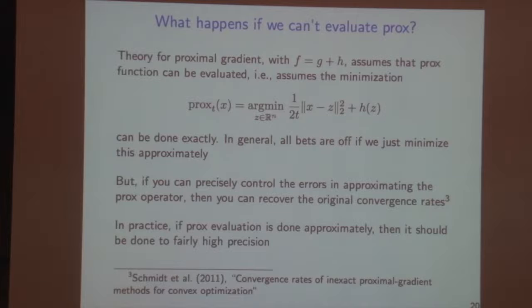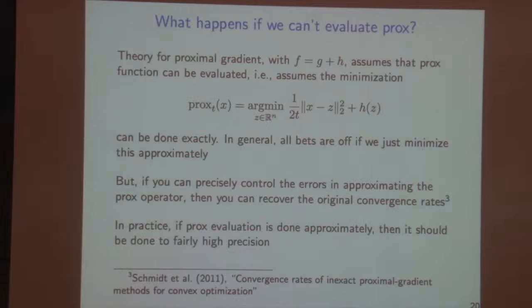What controls the curvature of the proximal operator? It's really the strongly convex part, which is this part. And this is strongly convex with parameter 1 over t. So if you're taking large step sizes, then this doesn't have very much curvature.